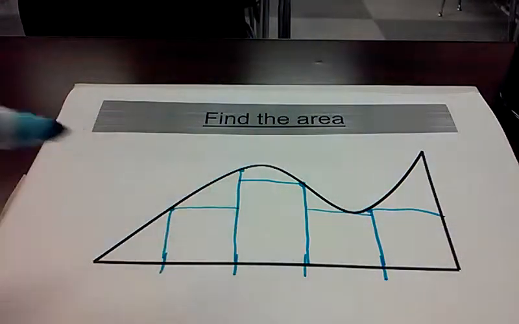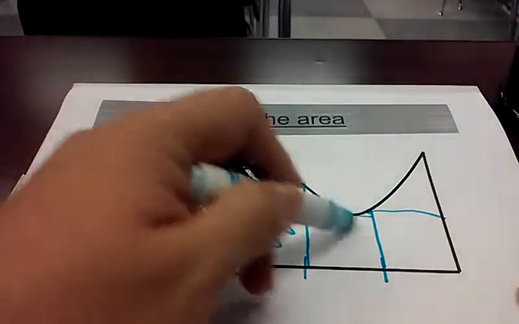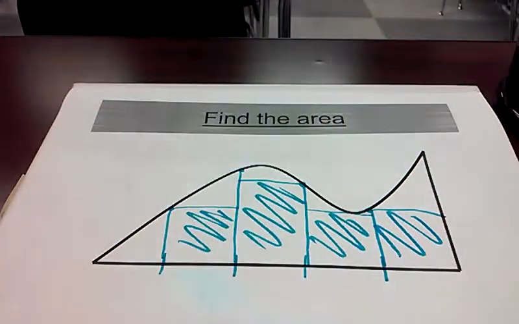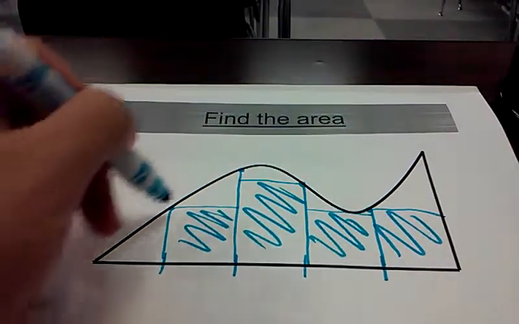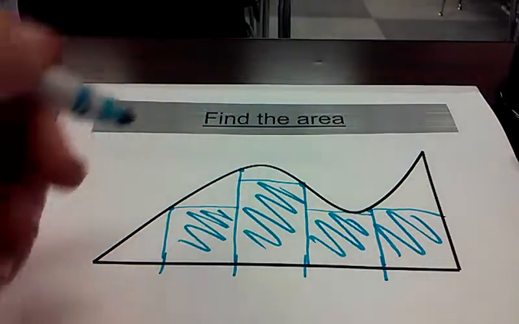And then that could help you approximate what the area of the shape is. Now this obviously wouldn't include, this actually is below the actual area of the shape.